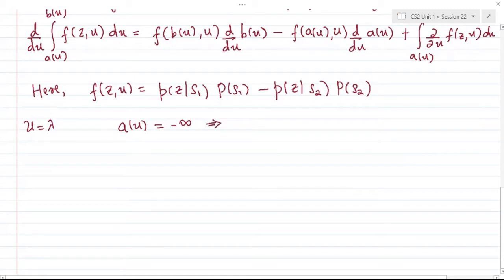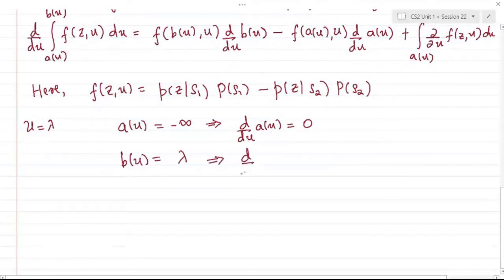So the second term here, which has the term d by du of a of u, would be 0. b of u, the upper limit, is lambda, whose first-order differentiation with respect to lambda should be unity.